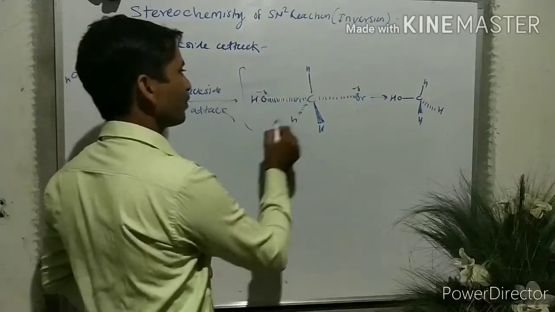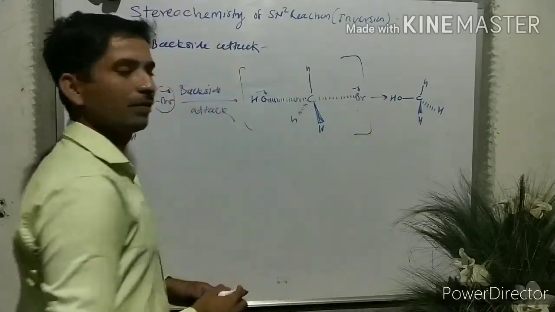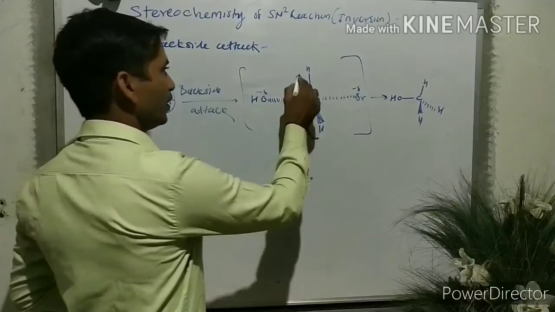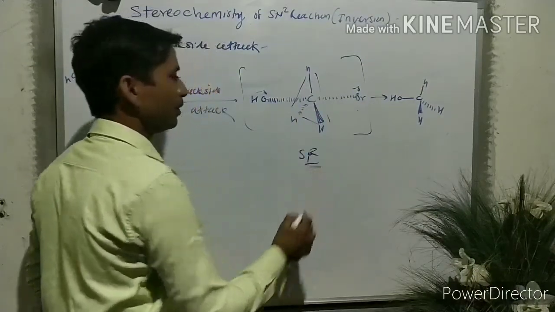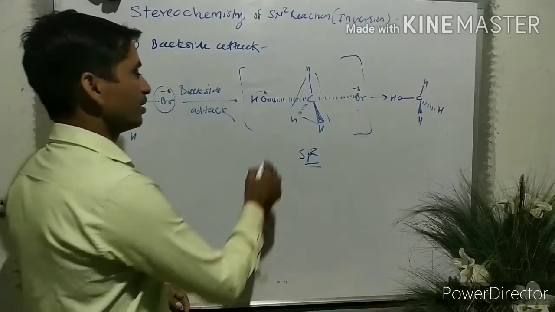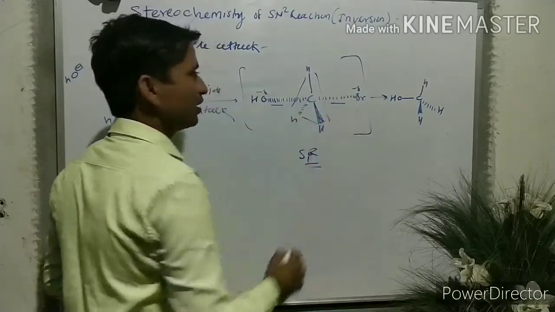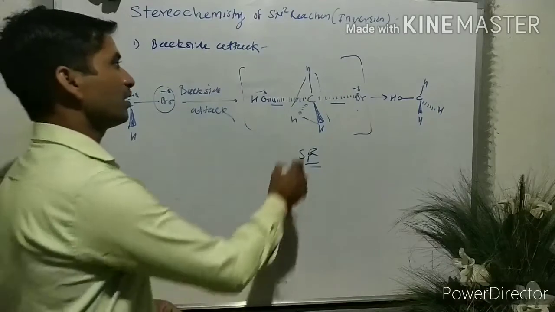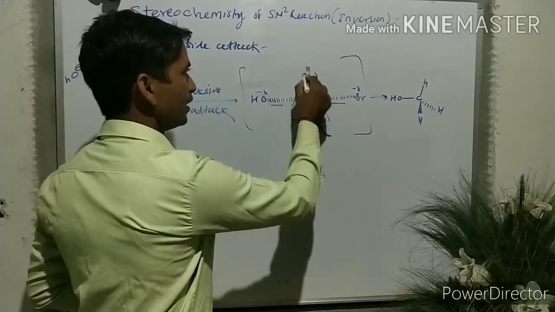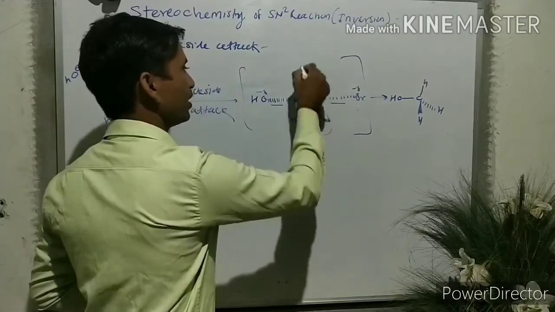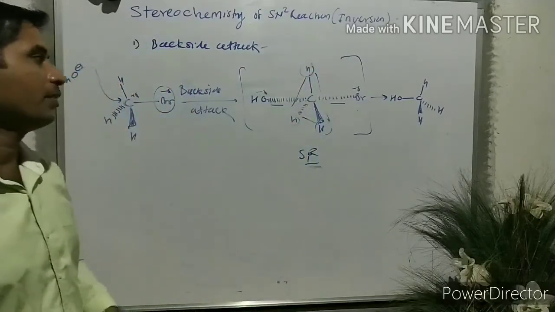After the attack, a transition state forms which is very stable, because it is a five-membered transition state with sp2 hybridization, since both bonds are partially formed or partially broken. These two bonds are perpendicular to the three hydrogens, which lie in one plane.